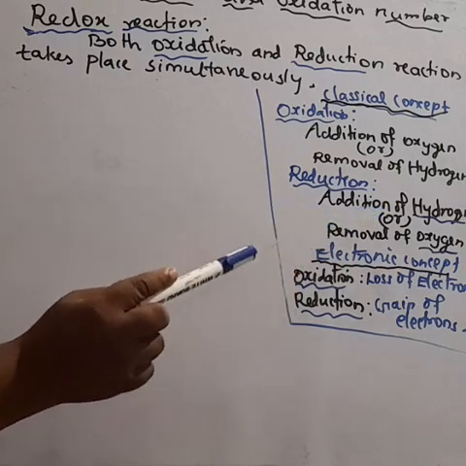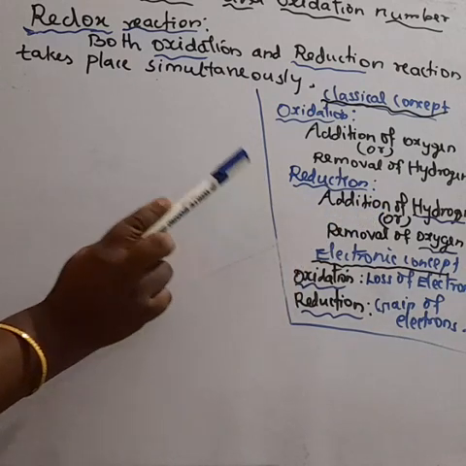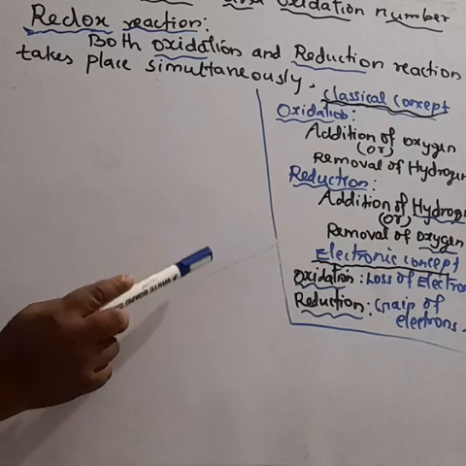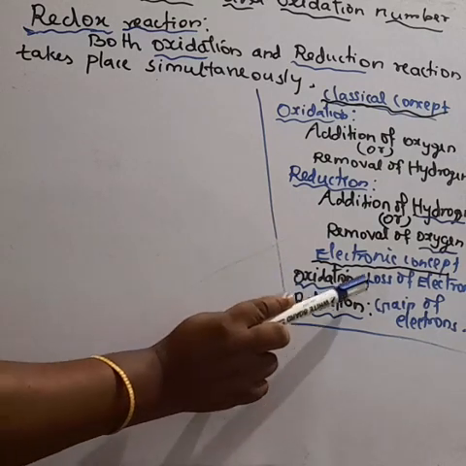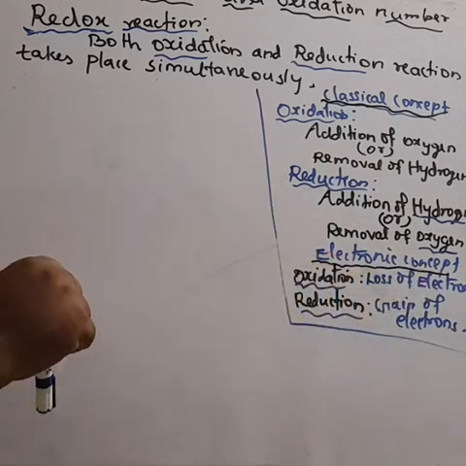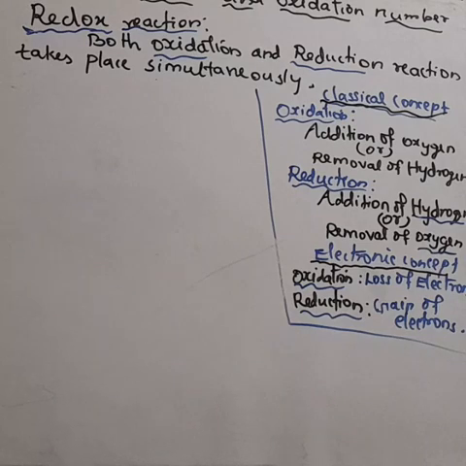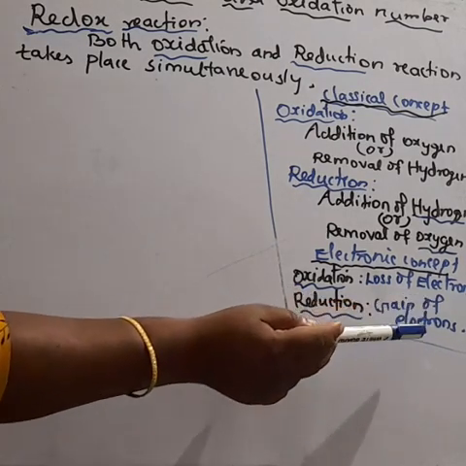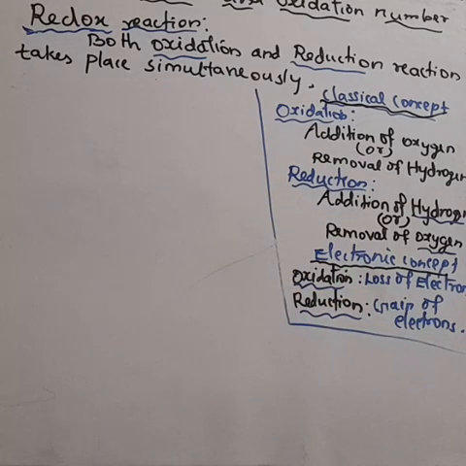According to the electronic concept, oxidation means loss of electrons, and reduction means gain of electrons. These are the important definitions of oxidation and reduction. Understood? Let us explain with an example.